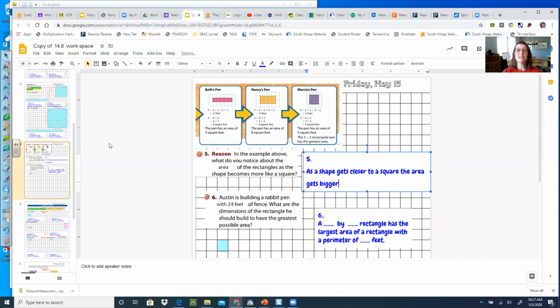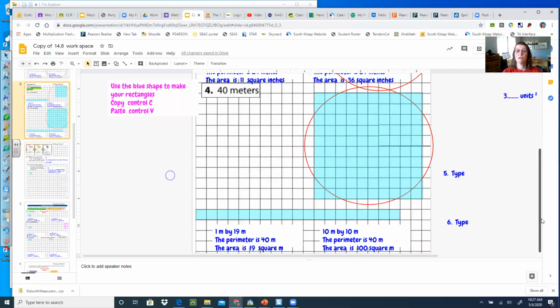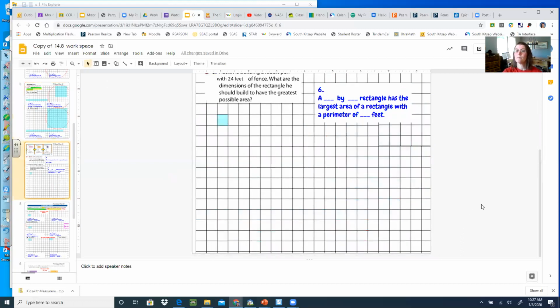Okay, so we really notice that in this last one. So as this perimeter was more a square, the area just exploded in comparison to this other shape. So that one was a real obvious one. Okay.